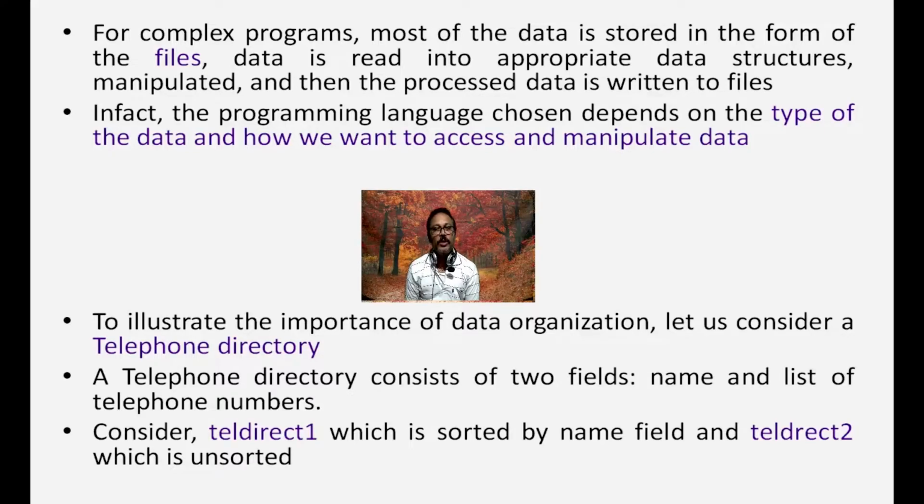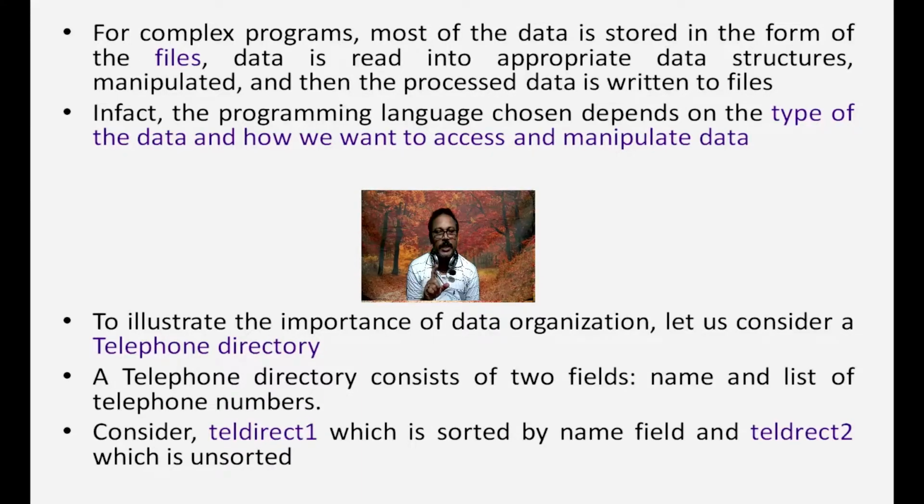For example, take this telephone directory. The telephone directory is organized according to two fields: name and list of telephone numbers. Now, let us assume two types of data organization.